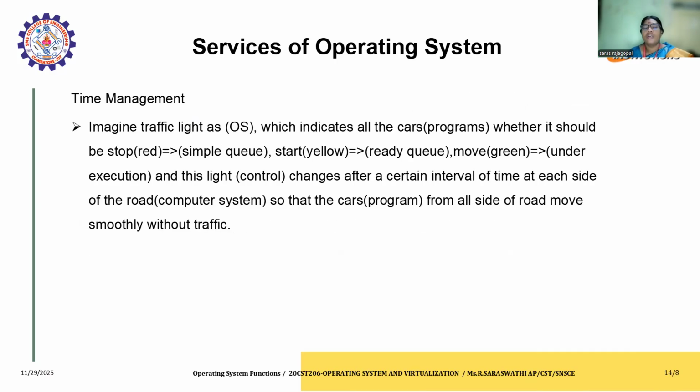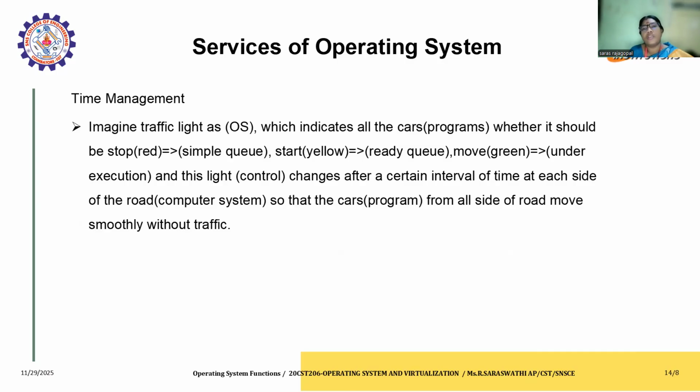Time management. Consider a traffic light: stop is red, the simple queue; start is yellow, the ready queue; move is green, under execution. The light changes after a certain interval of time on each side of the road so that cars can move from all sides smoothly without any traffic.